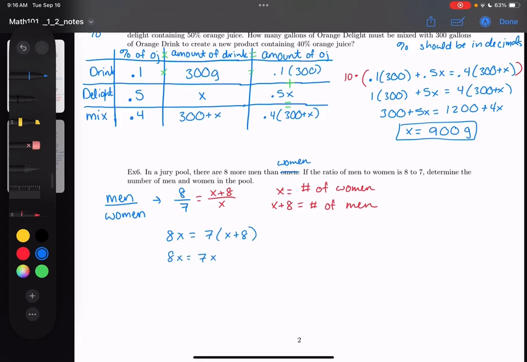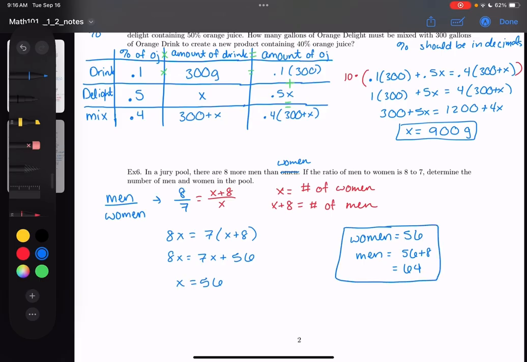Distribute. Finish solving. I move over that 7x and get x equals 56. So there are 56 women. And for men, there are 8 more, so 56 plus 8 is 64.